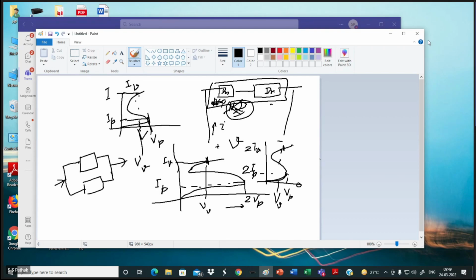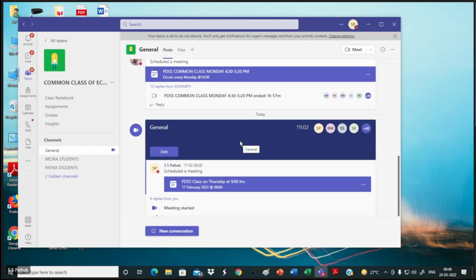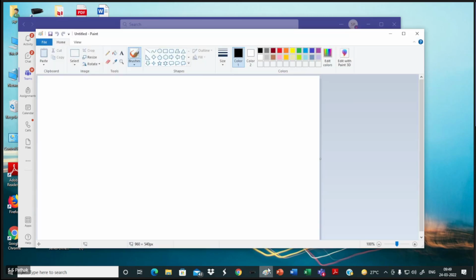I put the third example here, taking the UJT, unijunction transistor. This is my unijunction transistor.